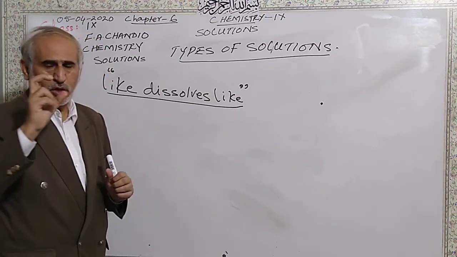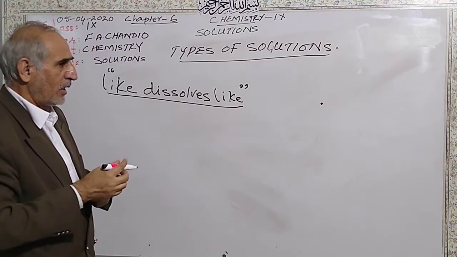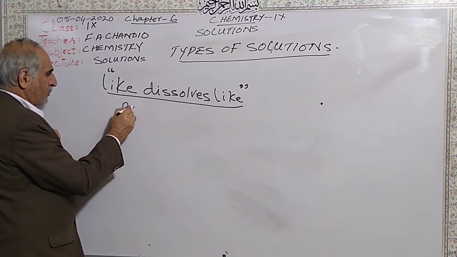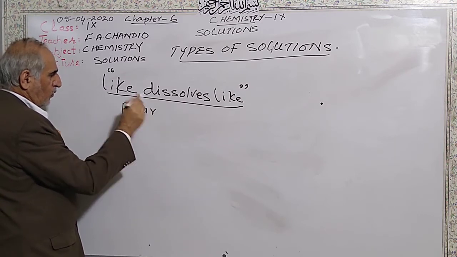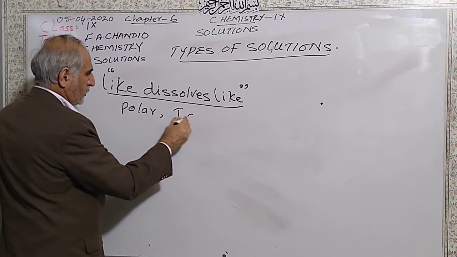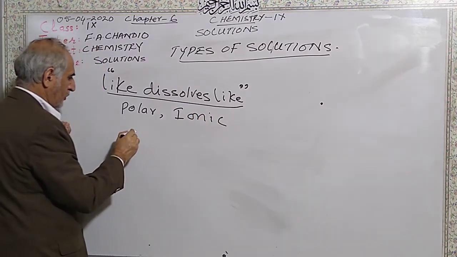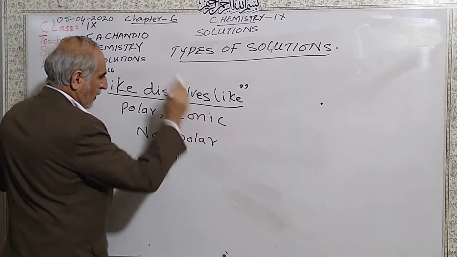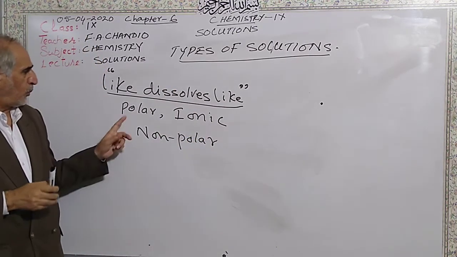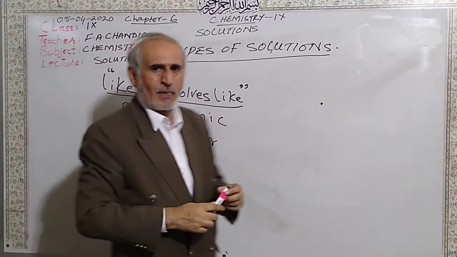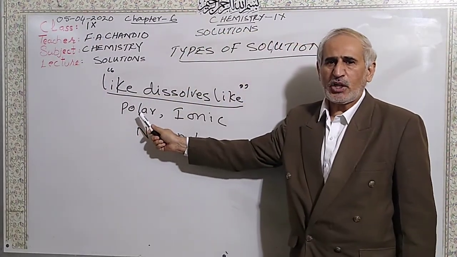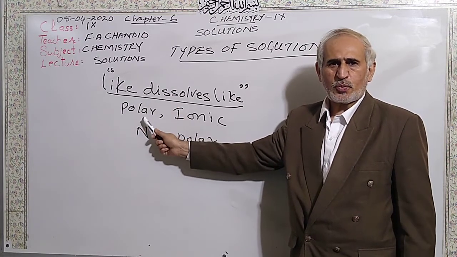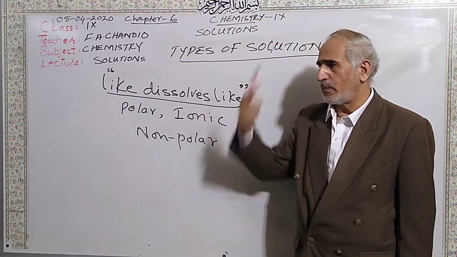So we have two types of liquids or compounds: polar, ionic, and non-polar. Polar substances are covalent. Ethanol is polar, sugar is polar, glucose is polar, ammonia is polar. There are many examples.